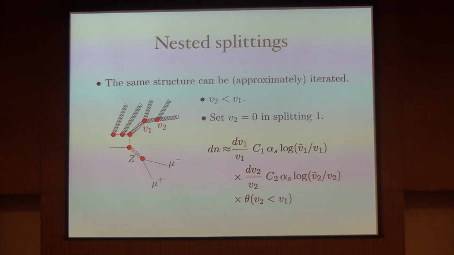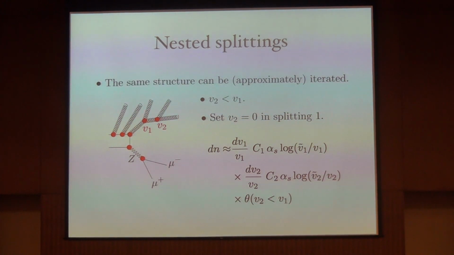What if we have two gluon splittings like this? Then there's a convenient approximation, which is going to be pretty useful. Let's suppose v2 is less than v1. Well, it usually will be if there's a big cross-section for doing this. And if v2 is small compared to v1, in calculating the splitting for v1, let's set v2 equal to 0.